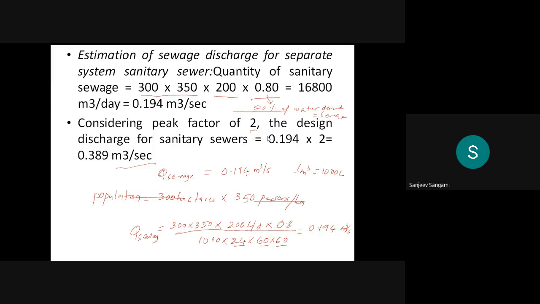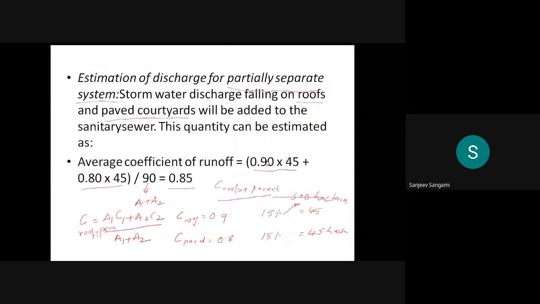If it is not given, you can assume either 2 or 3. Then the design discharge is calculated by multiplying the dry weather flow of the separate system by 2. So this is with respect to the partial systems.